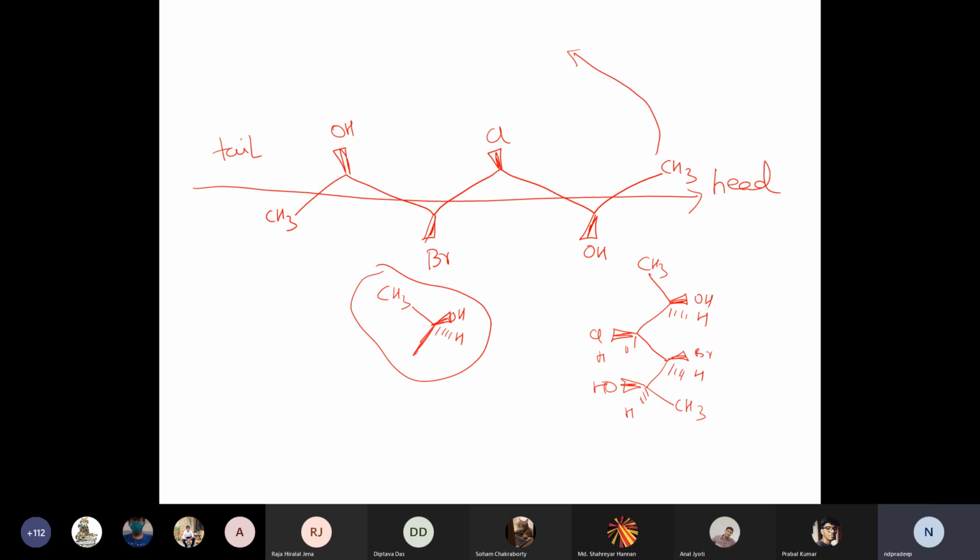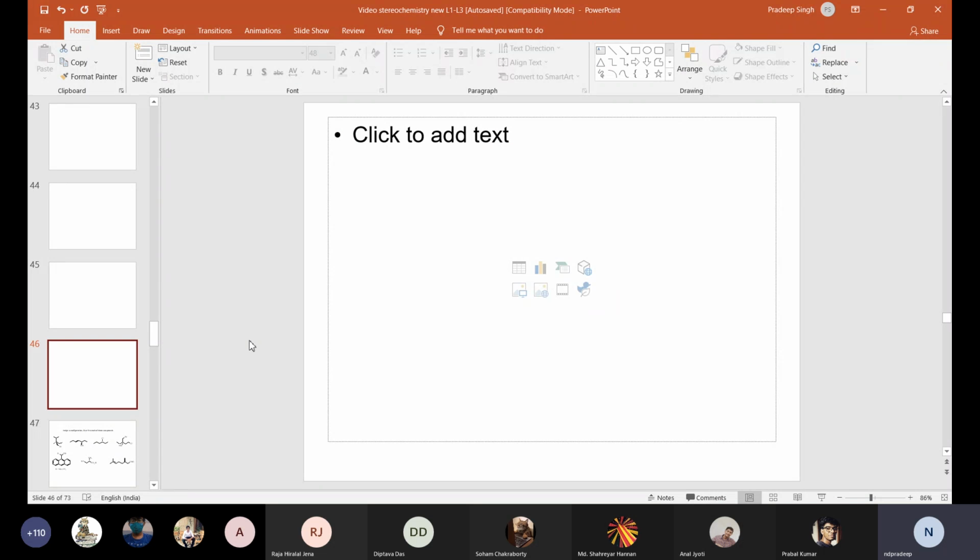Any other doubts, sir? No doubts. Sir, why did you draw the hydrogen there? Can you explain? Later you won't end up getting that tetrahedral, because that methyl is already in this direction. The methylene is this way, and therefore you have OH and hydrogen like this.